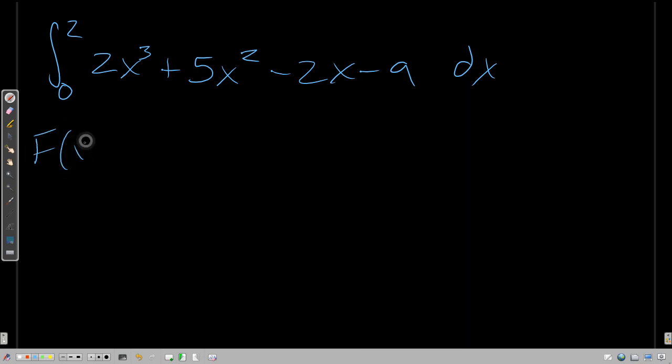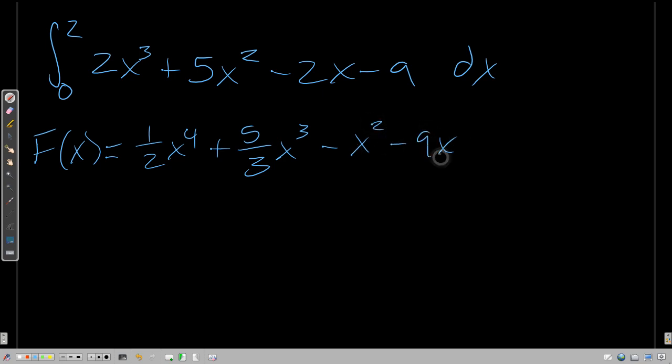Antiderivative is 2/4 x to the 4th plus 5/3 x cubed minus 2/2 x squared minus 9x.